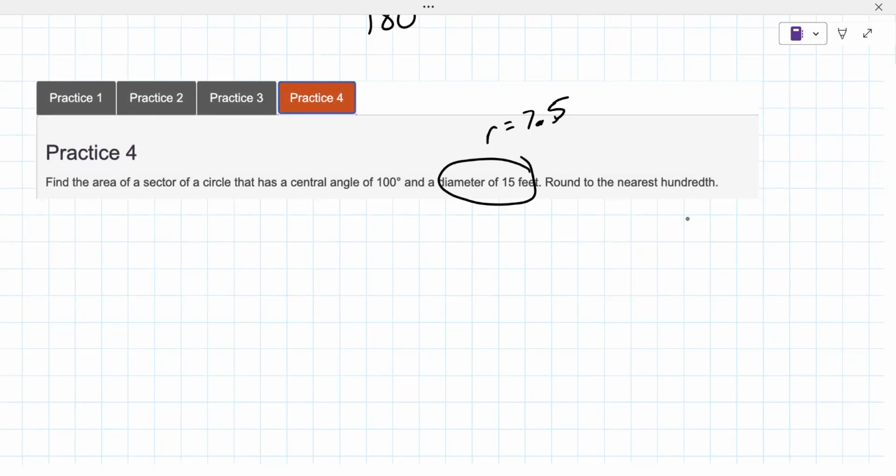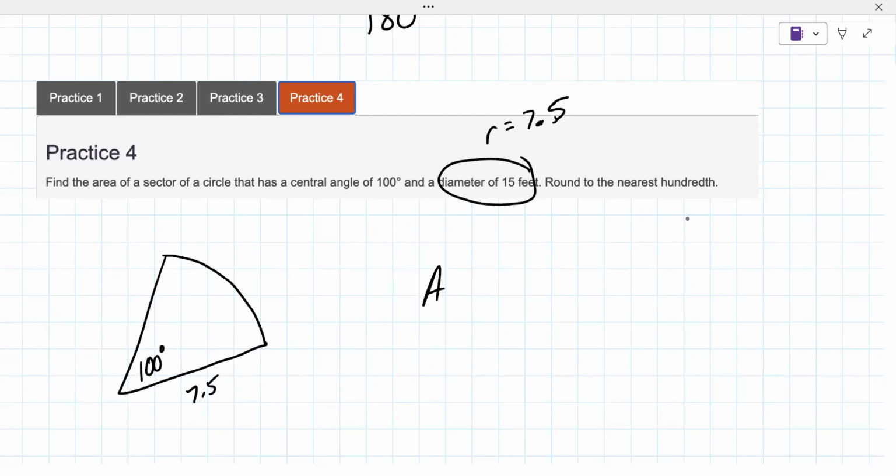So the sector area here is 100 degrees. The area of the sector is angle out of 360 times pi r squared.